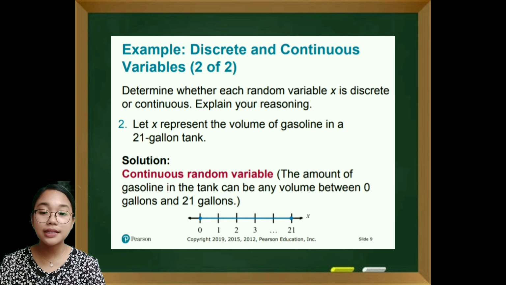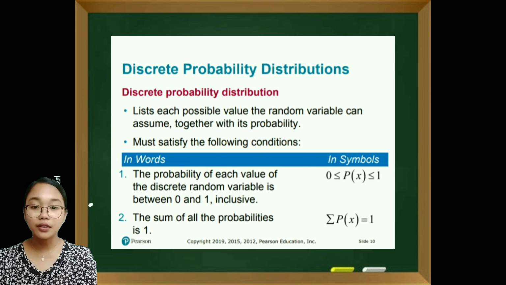Discrete probability distribution. It lists each possible value the random variable can assume together with its probability. It means it is a list of all possible outcomes of an experiment for a discrete random variable. There are two conditions that must be satisfied. First, the probability of each value of the discrete random variable is between 0 and 1, inclusive.